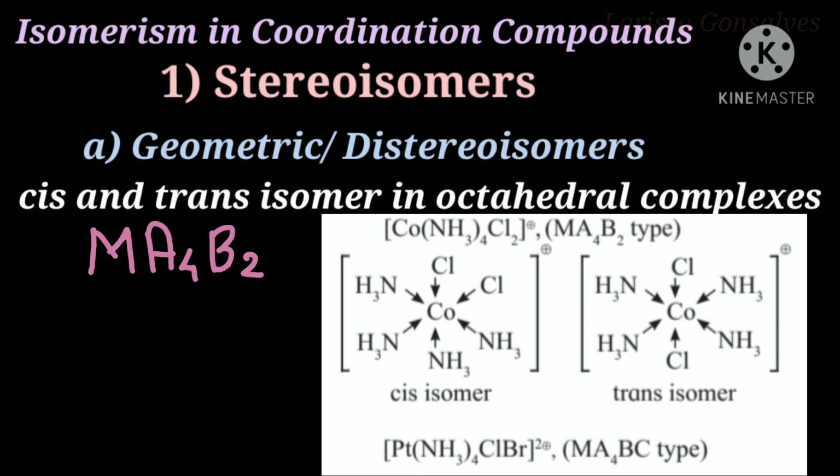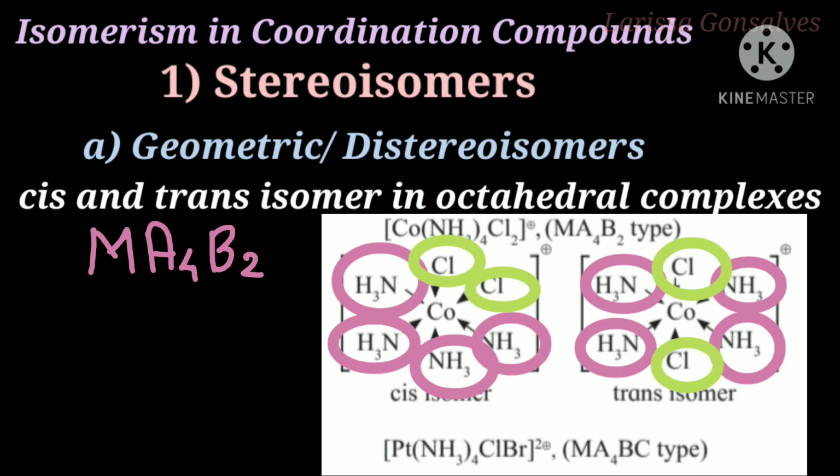Now in order to write the cis and trans isomers, we need to check the identical ligands. So we have 4 NH3 ligands and 2 Cl ligands. Since ammonia is 4 times, we are going to write the identical ligands on the adjacent side. So as you can see here, for trans isomers, these identical ligands, that is 2 Cl ligands and 4 NH3 ligands, will be written in the opposite direction.